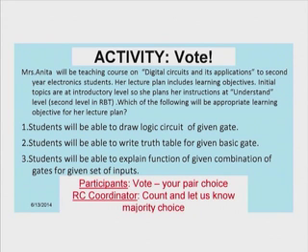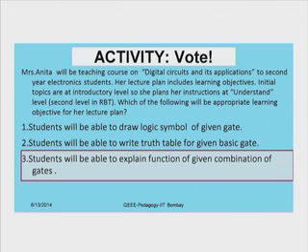So let us see what the answer is. The first two learning objectives are at a very basic level, that is, the recall level, because drawing the logic symbol or writing a truth table for a given basic gate are both things already taught in the classroom. They are just memorizing it and writing it, so student effort is very little or negligible.